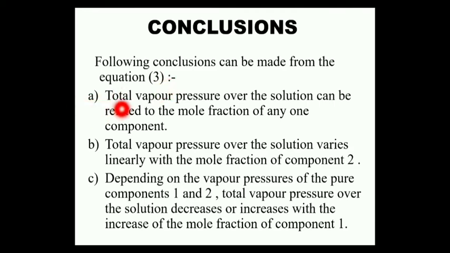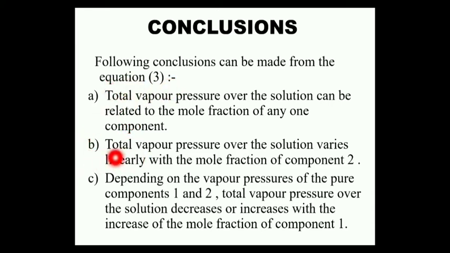The first conclusion is the total vapor pressure over the solution can be related to the mole fraction of any one component, that is, it is related to the mole fraction of both X1 and X2. This is the first conclusion that we are getting from equation 3.